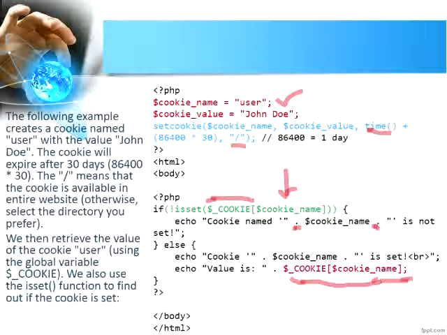For example, in our example, $_COOKIE of user returns John Doe. It's clear how we can create a cookie and how we can get the value of this cookie. Any questions about cookies?